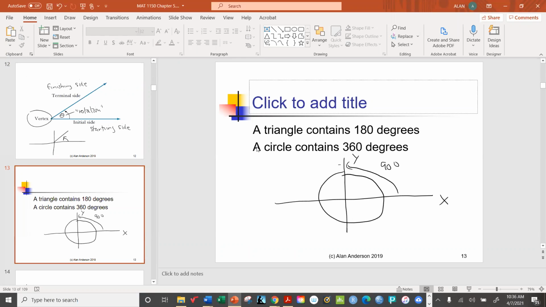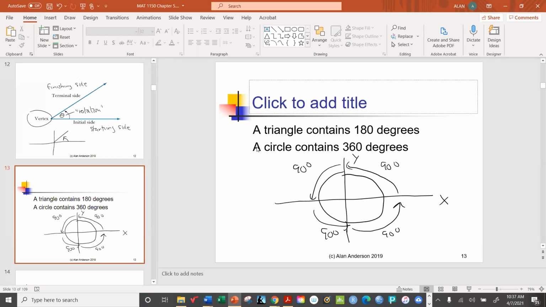And then again, from here to here is 90. And then we have 90 again. And then finally, 90. So altogether, this adds up to 360 degrees.